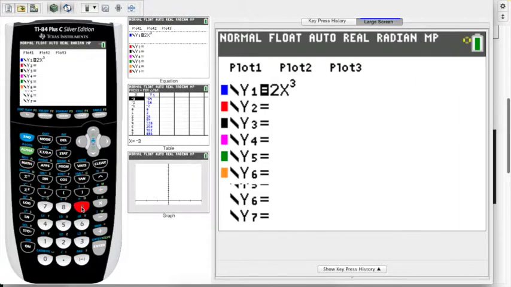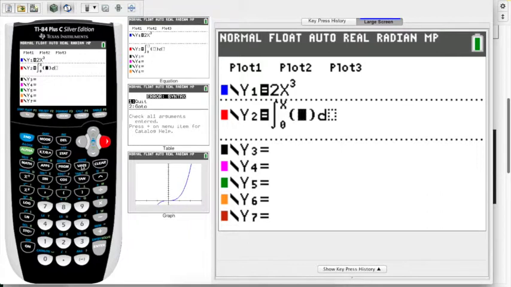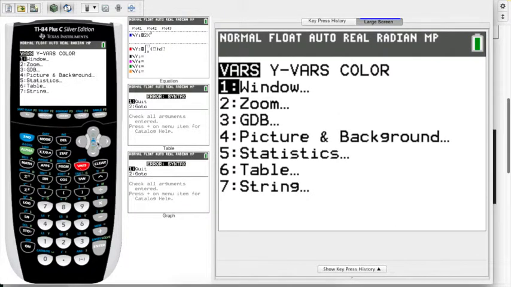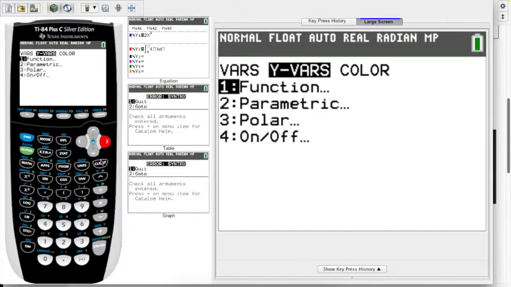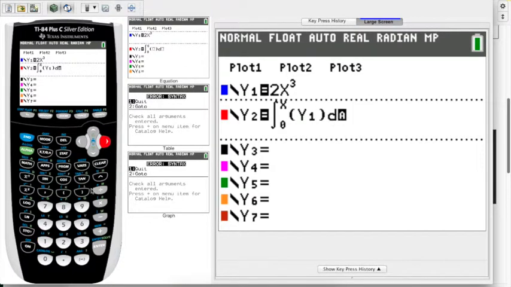So we click option 9, and then we can go ahead and type in 0, arrow up, variable x, and then over into the derivative box, and we grab the y1 graph by using our vars key, and then we arrow right to y-vars and select function, and then we select y1, and then we can come over and stick our variable x in there.